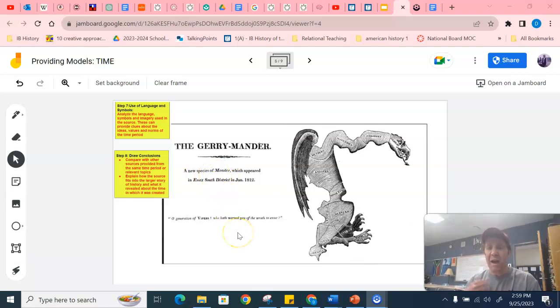It talks about the wrath to come, so this is just a start of bad things to come. The image here is one of a monster. It doesn't look like a good thing. It looks like something evil and malicious. And finally, it uses the name of the governor who signed this bill into law, right? It uses it as a title. It takes the name of the governor to name this monster. So I can point to that evidence.